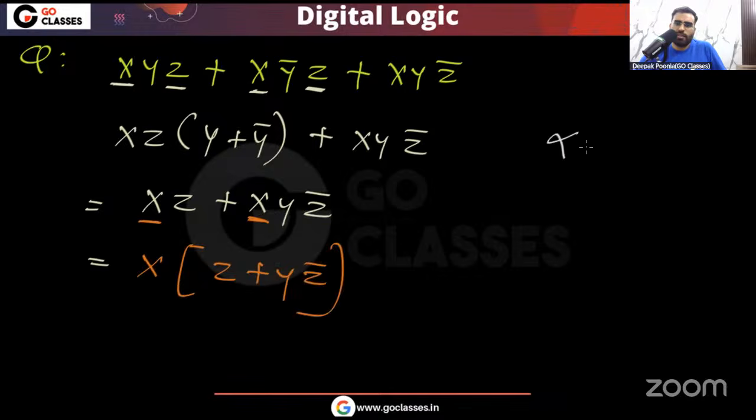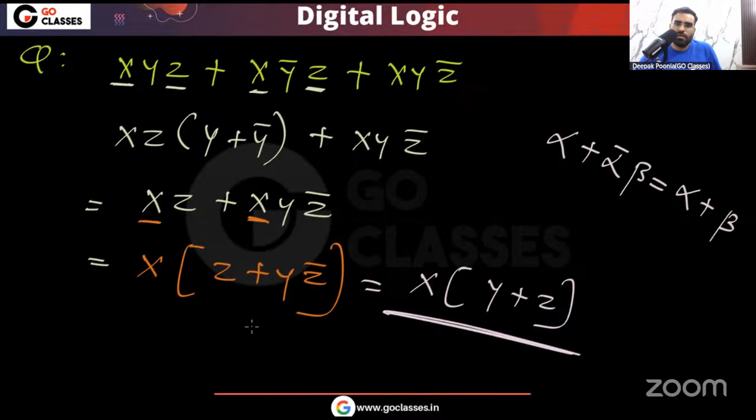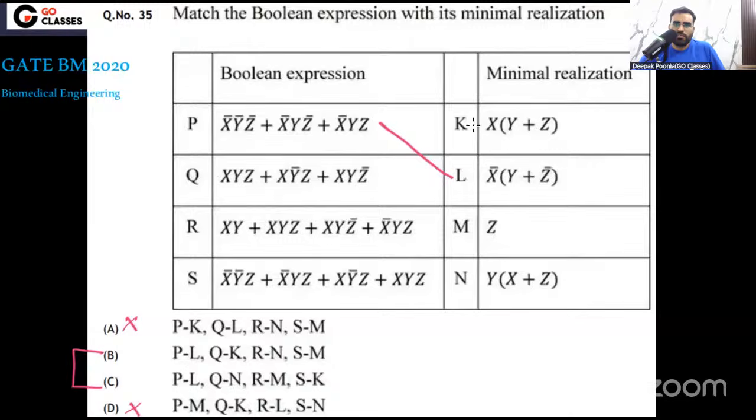You already know this property that alpha or alpha bar beta is equal to alpha or beta. You can remove this alpha bar from here. So here actually this Z is the alpha, so this alpha bar means this Z bar you can remove. Okay, so you will get X and inside you will get Y or Z. So you can see Q is matching with X, Y or Z, which means Q is actually matching with K. Q matches with K. Does Q match with N?